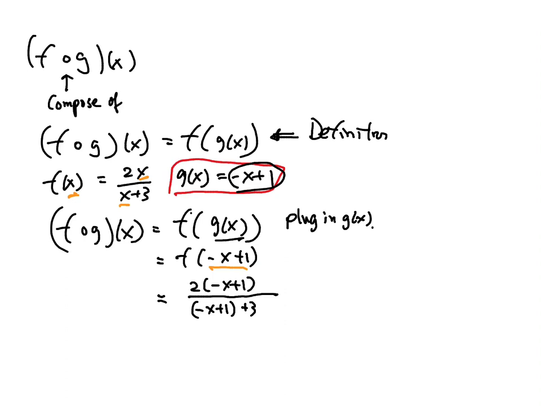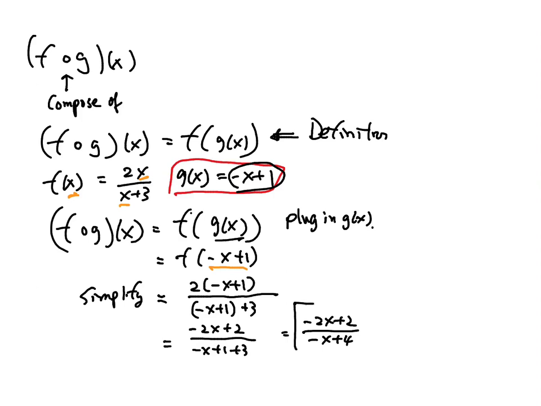So, simplify. You get negative 2x plus 2 over negative x plus 1 plus 3, which is negative 2x plus 2 over negative x plus 4. This right here is f circle g of x.